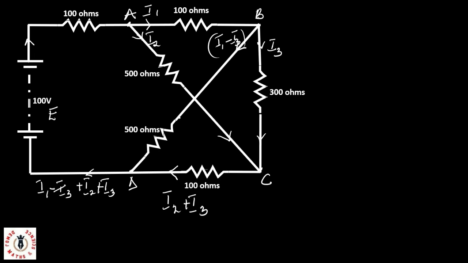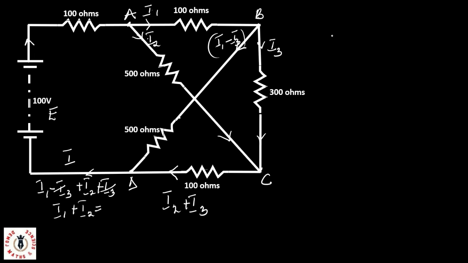I have minus I3 plus I3, so I'm left with I1 plus I2. Obviously, if you look at node A, we have I flowing to node A, and I is equal to I1 plus I2. So here also I will have I flowing from node D down to the source.